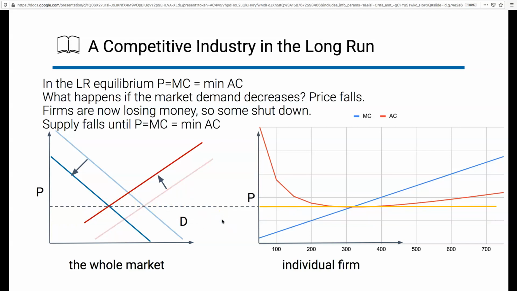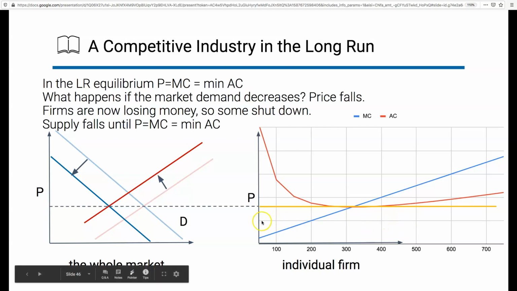So in this story, whenever anything changes to the demand, the supply automatically adjusts accordingly. Whatever happens to the demand, if demand were to increase, supply is going to increase as well. If demand were to fall, supply is going to fall as well. Because whenever the price is different from the minimum average cost level, there are either positive profits for existing firms and so an incentive for more firms to enter the industry, or if the price is too low, there will be negative profits for existing firms and incentives for some firms to leave the industry.